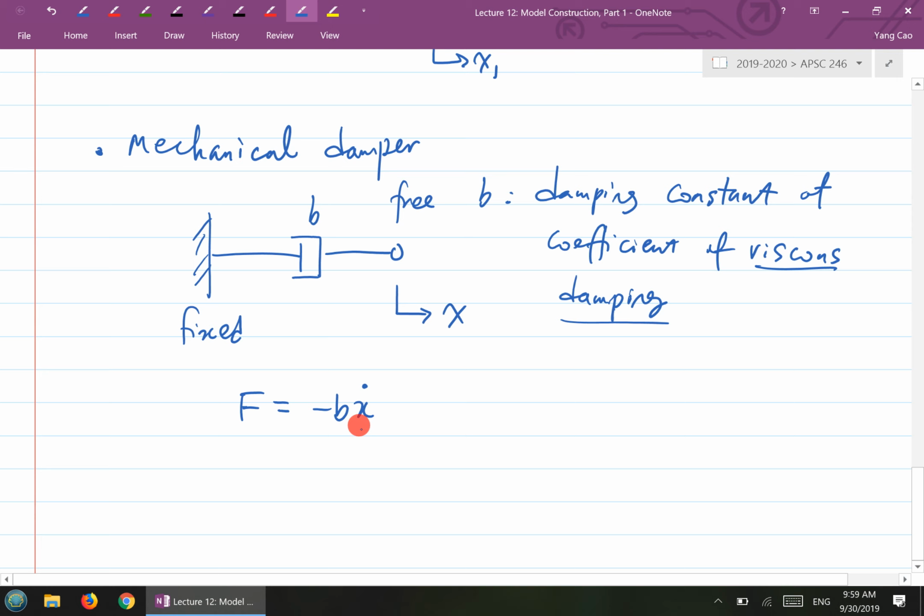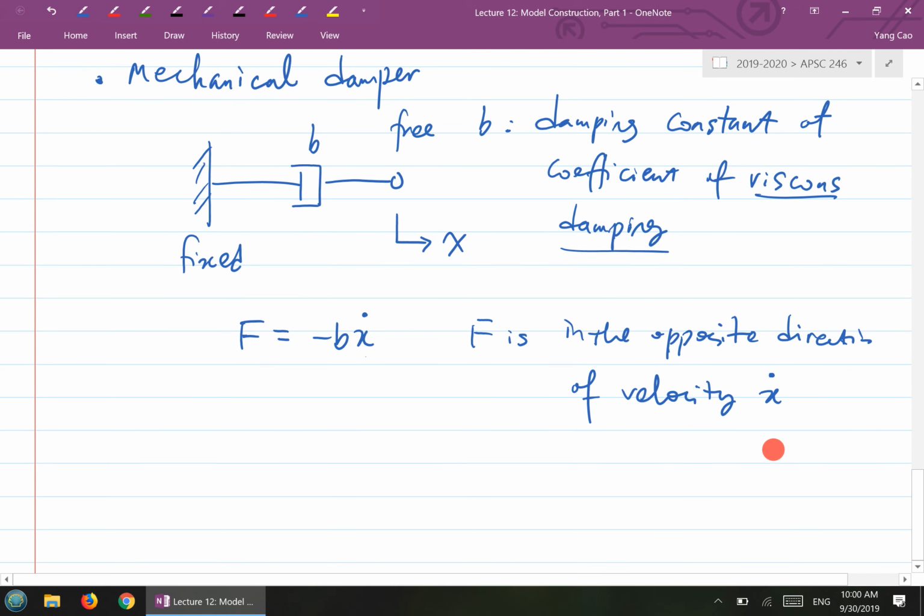So F is proportional to the velocity of the motion. Like the spring, where force is proportional to the displacement, here it is proportional to the velocity. However, F is in the opposite direction of velocity. That's the governing equation for a mechanical damper when one end is fixed, one end is free.